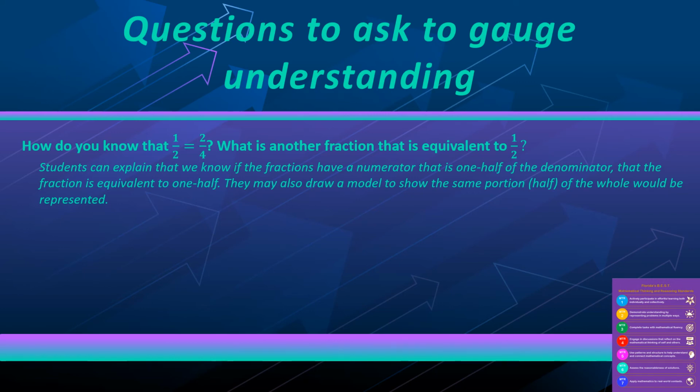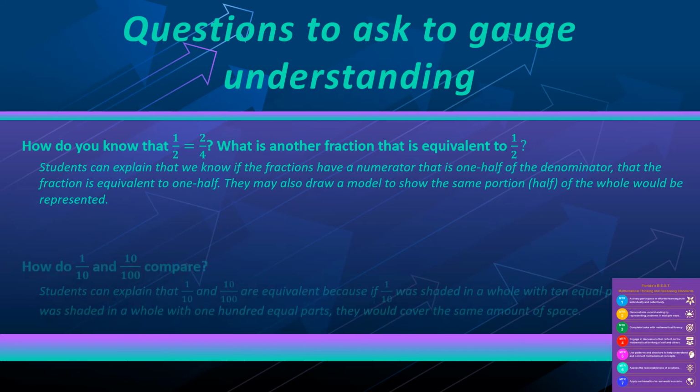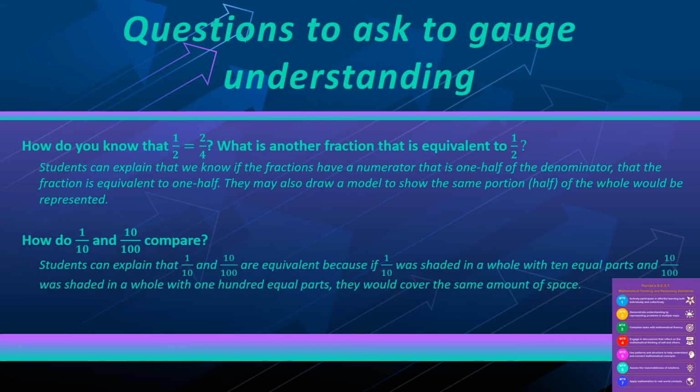We could even extend it by looking at those patterns: if I halve the denominator, that's going to be the numerator. So one of those benchmark fractions, 1/2, is really essential for them to know other fractions equivalent to it. Also, how does 1/10 and 10/100ths compare? We definitely want to hear student understanding that they are equivalent and that maybe they even use a base 10 grid to prove that they're equivalent.